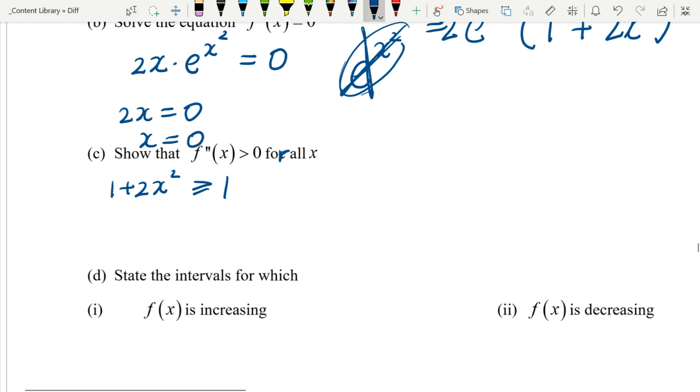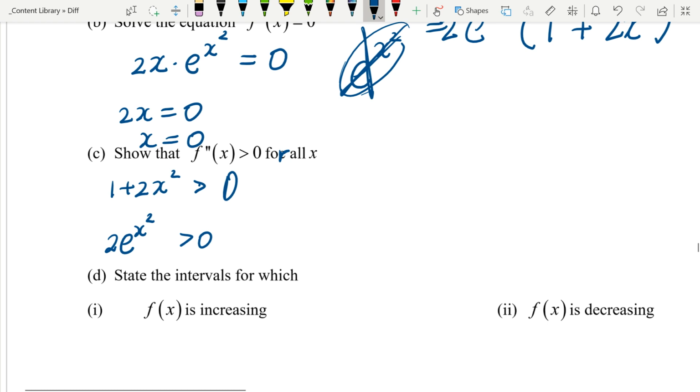It's true. This expression is a square, always positive, and 2e to the power of x squared is always greater than 0. So two positive numbers multiplied together is always positive. That's why the second derivative is always positive.